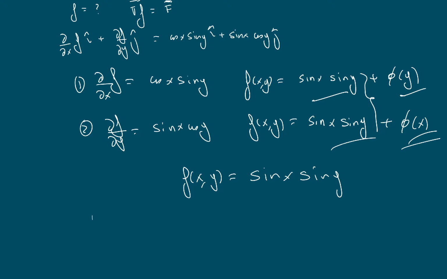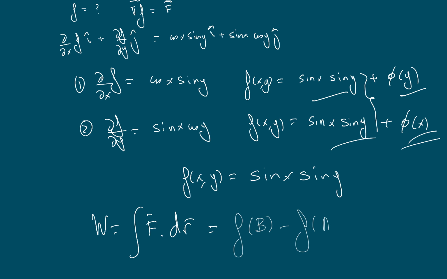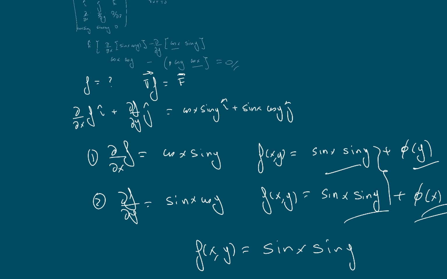So what will be the work? What will be the integral of this vector field, without doing any calculation? It will be f of b minus f of a. What is the point b?